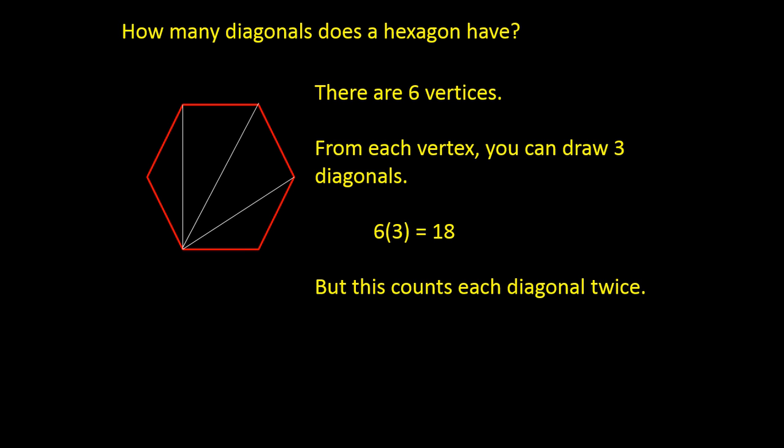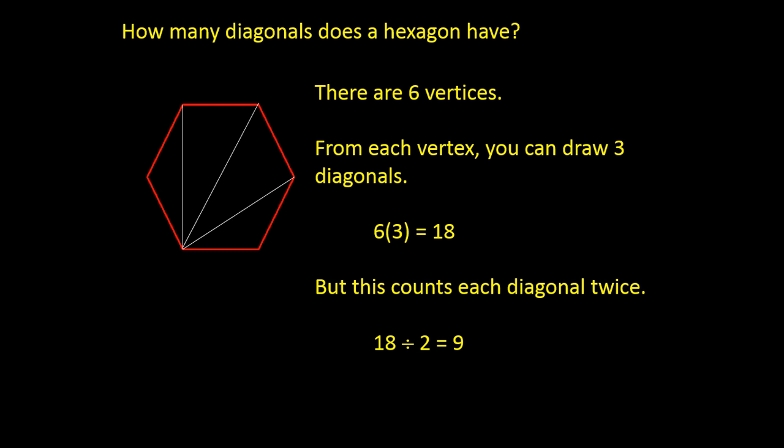Take a look at that diagonal that we've drawn that's on the far left. Right now we're drawing it from the bottom to the top. We could also draw it from the top to the bottom and it would be the same diagonal. So if we say there's 6 vertices and from each one we can draw 3 diagonals, we actually are counting every diagonal twice.